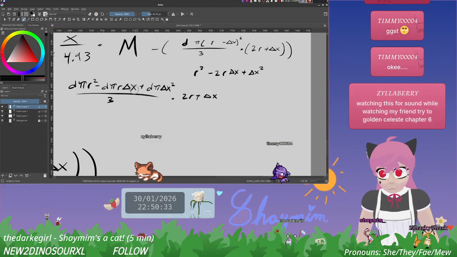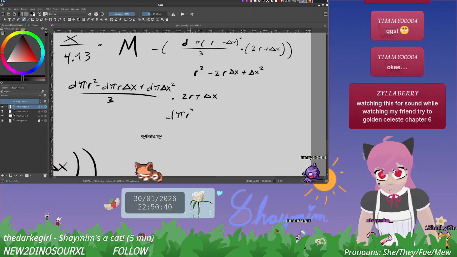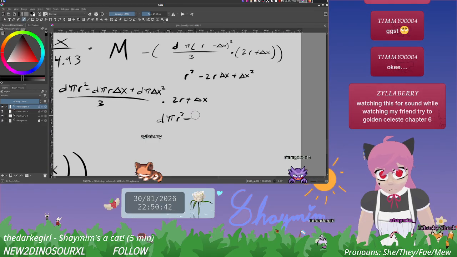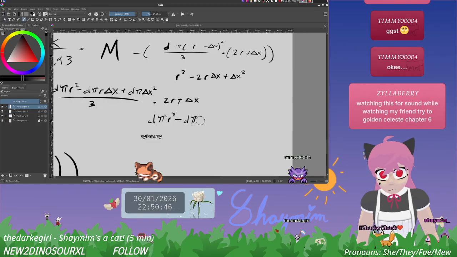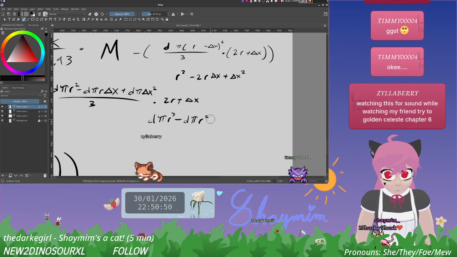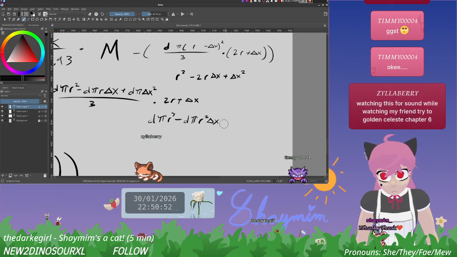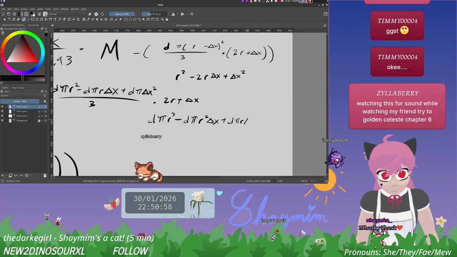So that means this one becomes d pi r cubed minus d pi r squared delta x plus d pi r delta x squared.